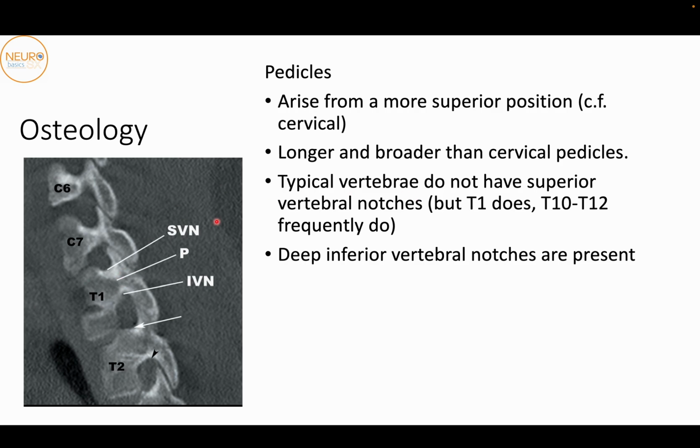The typical vertebrae, that is T2 to T8, will not have superior vertebral notches. As you can see over here, the T2 pedicle does not have a superior vertebral notch, but the T1 pedicle actually has a deep superior vertebral notch. And even the T10 to T12 pedicles might have a superior vertebral notch. But overall, in the typical thoracic vertebra, there should be no superior vertebral notch. But there will be deep inferior vertebral notches present for sure.